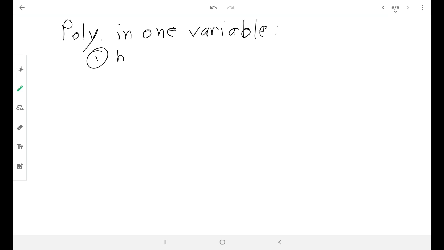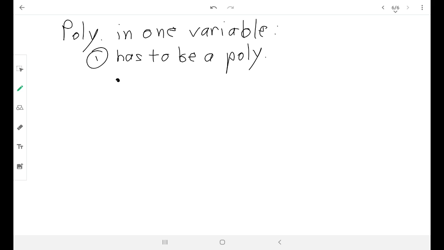A polynomial in one variable has two elements. One has to be a polynomial. And how do you know that it's a polynomial?